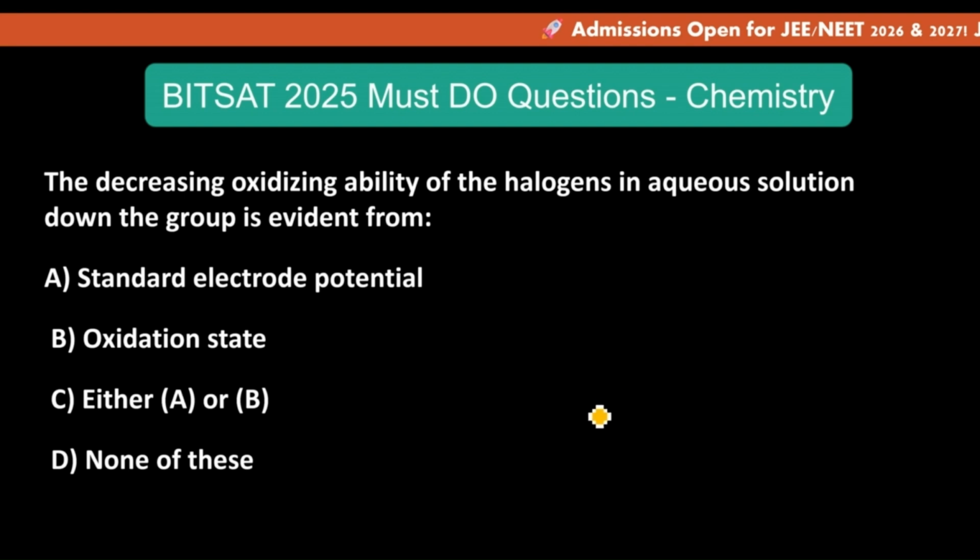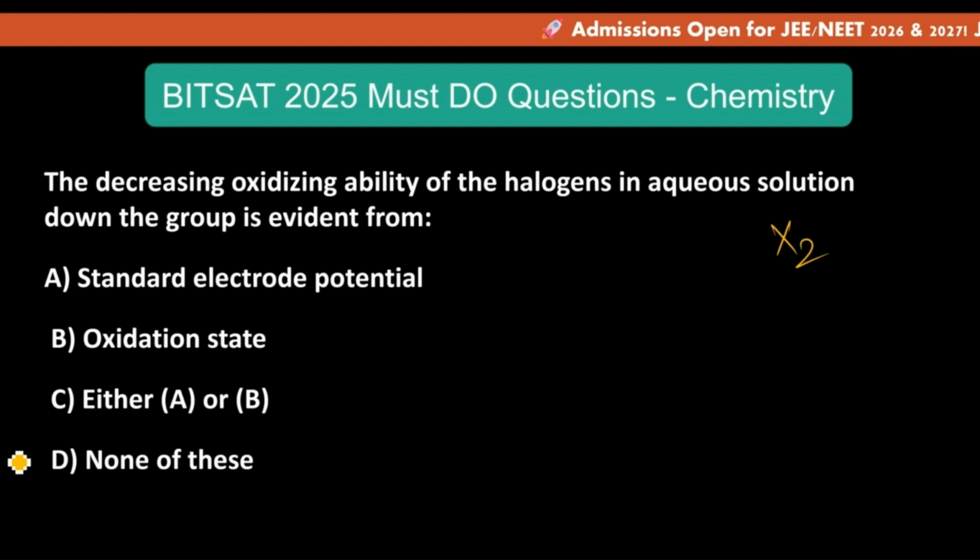Then, decreasing oxidizing ability of the halogens in the aqueous solution down the group is evident from. So analyzing the oxidation states, all halogens in X2 form an oxidation state of 0. Right? In X2 state, all the oxidation states are 0, and all halides are able to form -1 oxidation state. So that doesn't explain the trend.